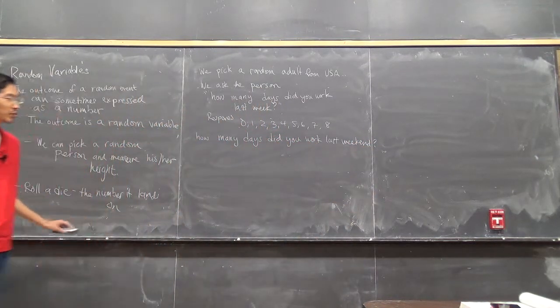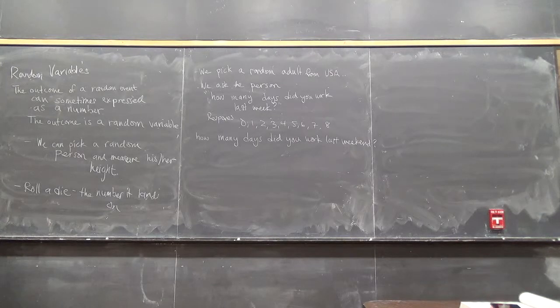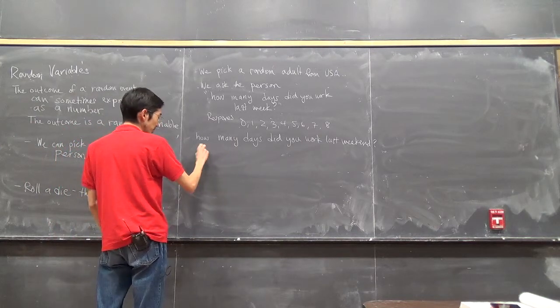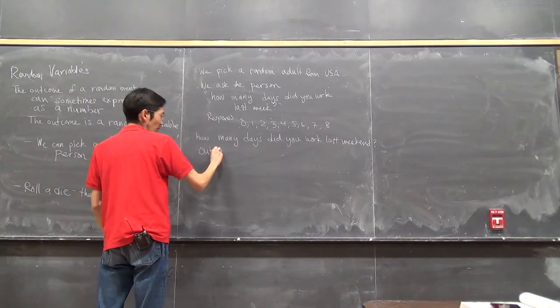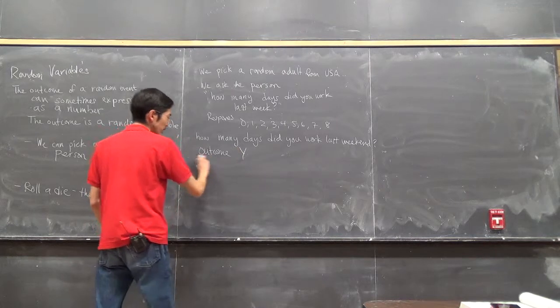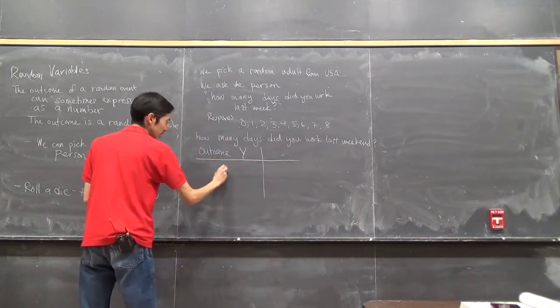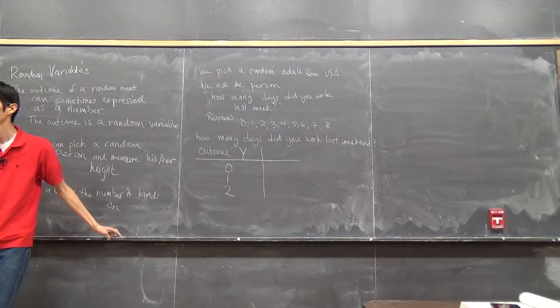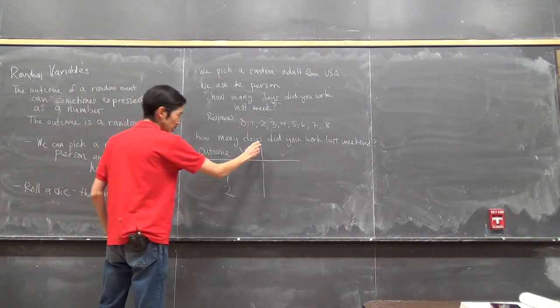And so our answers could be what? 0, 1, or 2. So here we would say the outcome, y, can take on the values 0, 1, or 2.